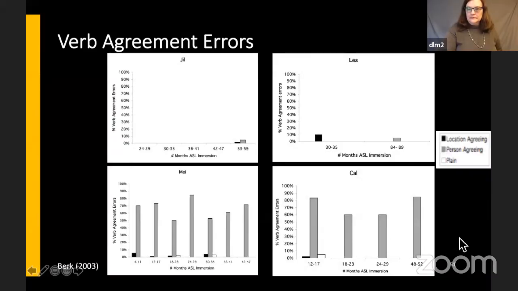Interestingly, their errors were primarily with person agreement. We didn't see many errors with location agreement. And what does this tell us? It would seem that person agreement is extremely affected by late language acquisition.